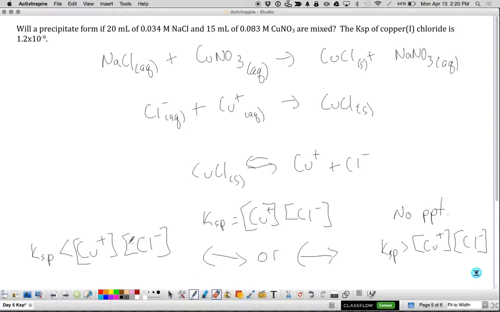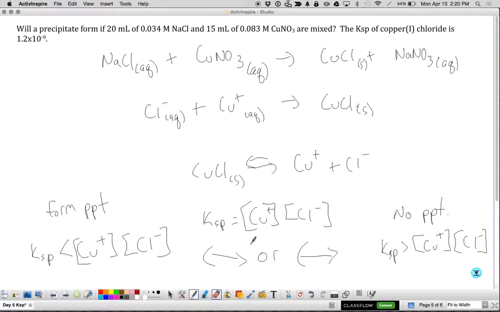And if KSP is less than this, your concentration of ions is really too high. So what's going to happen is you're going to form precipitate. So you'll form precipitate until you get back to the situation where KSP equals the product of the ions.